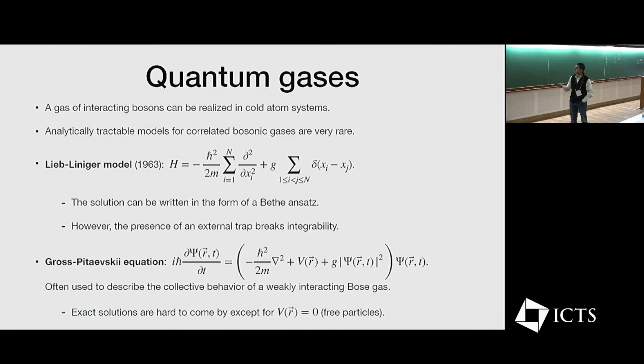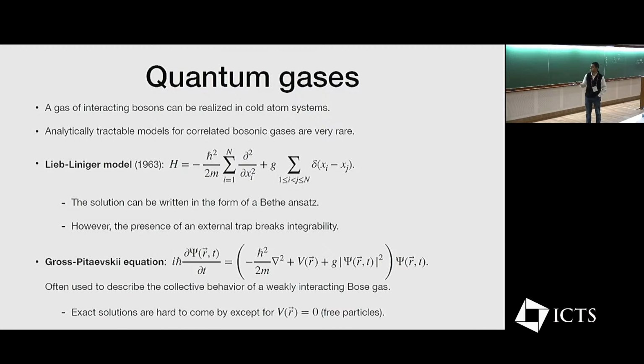We have already heard about the Lieb-Liniger model where these bosons are in one dimension and interact via a delta function potential. In this case, you know the solution for the free case, it can be written in the form of the Bethe ansatz, but if you put in a potential, it breaks the integrability. So for any experimentally relevant situation where usually you have an optical trap, this doesn't work. So you don't know the answer.